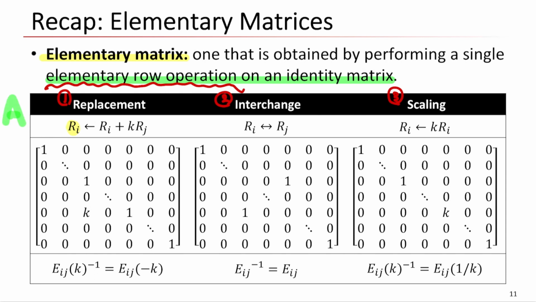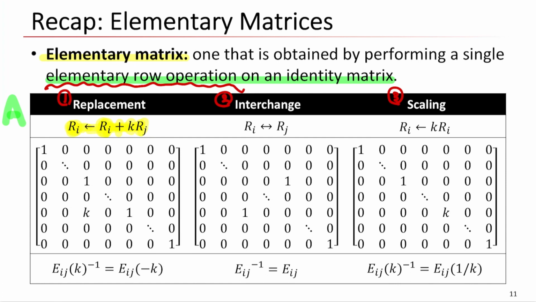So what is the replacement? Let's say Ri is the ith row, and Rj is the jth row. Then this means that the original Ri can be replaced by Ri plus a constant k times Rj. So this is the replacement rule, right?